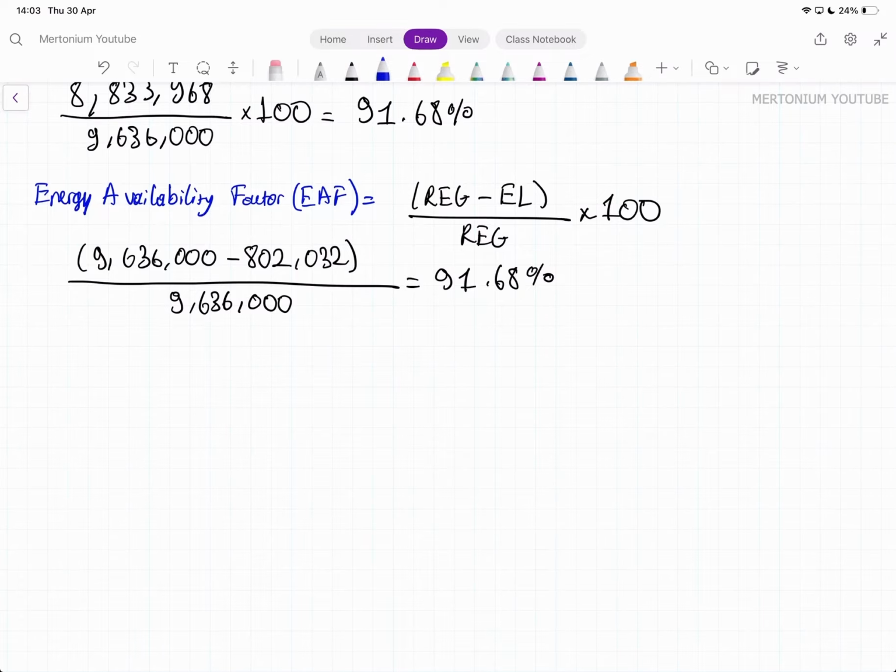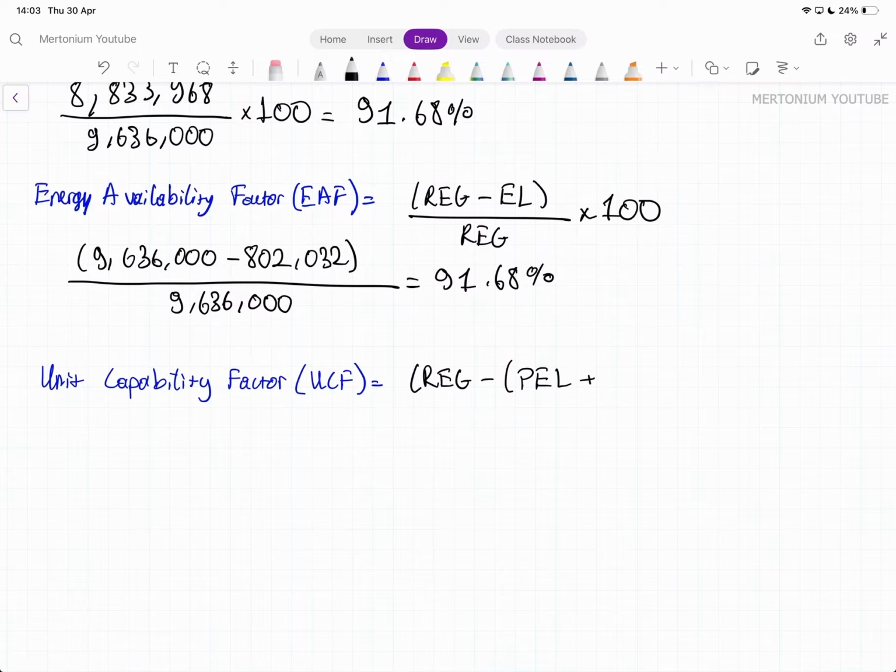Now we can calculate the unit capability factor, UCF. And this tells us how well the plant was maintained. What was the capability of the equipment in general? So how do we calculate it? Reference energy generation minus, then we have another parenthesis, planned energy losses plus the unplanned energy losses divided by reference energy generation times 100.